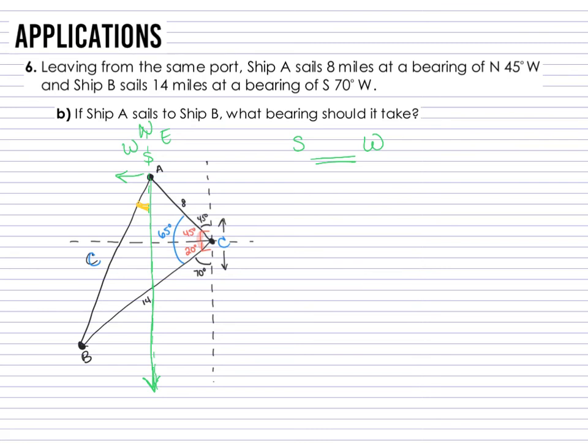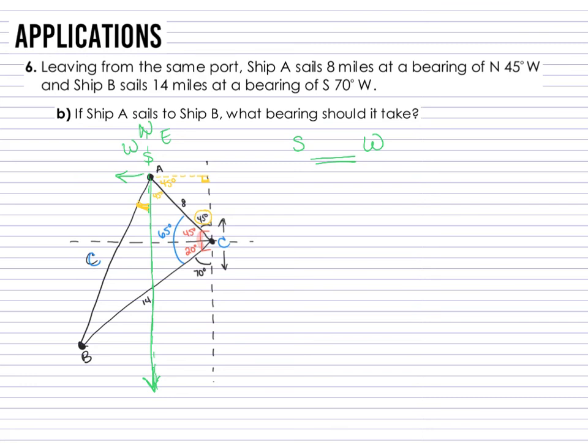What we know, however, from the original problem, is that we've got a right triangle up here. If this angle measurement is 45 degrees, that means that this angle also has to be 45 degrees, which also means that this angle has to be 45 degrees.